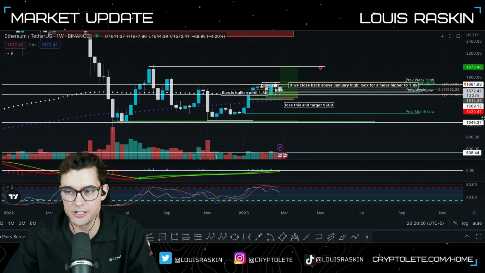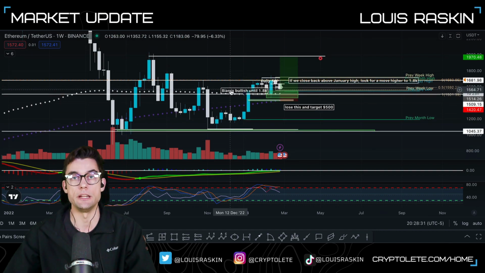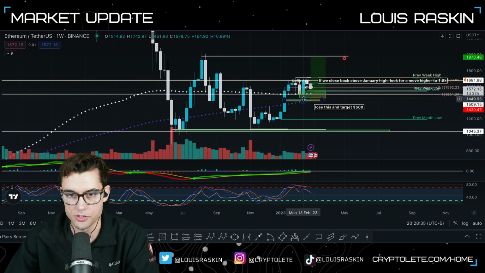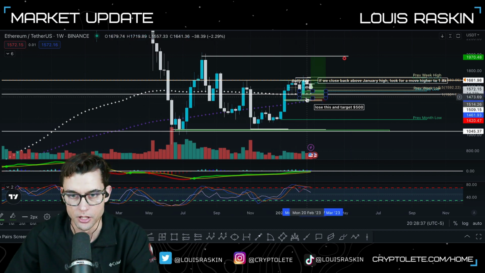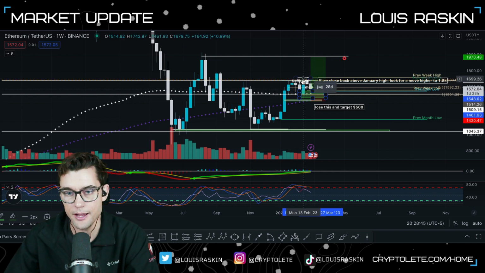So we'll see if it reaches $2,000 again. I'm not sure, but just like Bitcoin, we're having this bullish market structure for Ethereum as well. So we have the low, the high, the higher low, the higher high, and the higher low, and now we have the higher high.